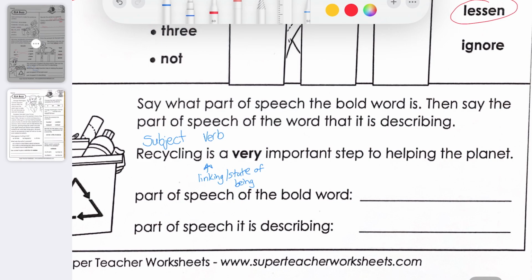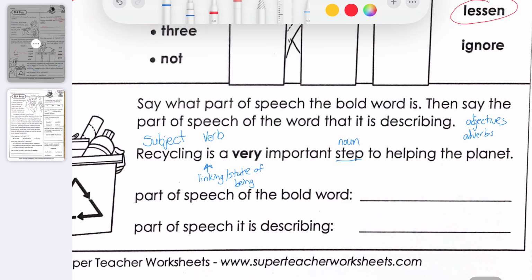So subject, verb, and then the noun. Recycling is what? Recycling is, it's a step. So this is a noun. Now we have to say, it says, say what part of speech the bold word is. Well, there's other ones we've talked about, adjectives, and we've talked a little bit about adverbs.